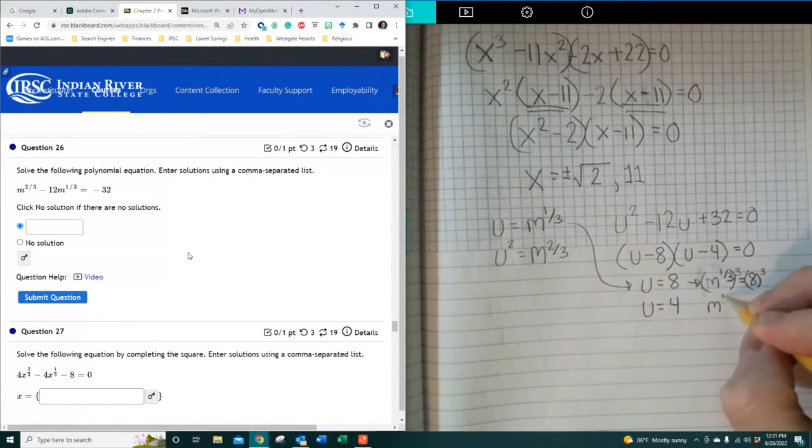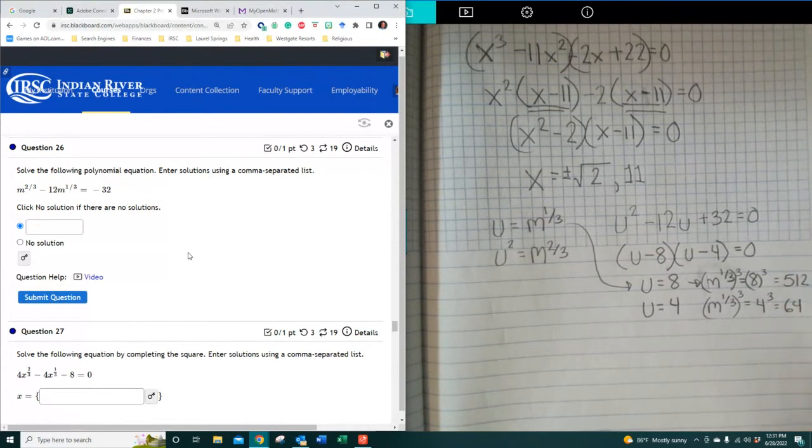And then we have the same idea going on with the 4. We're going to take the cubic power of both sides. Now, if I'm not mistaken, this is 512, and this is going to be 64.